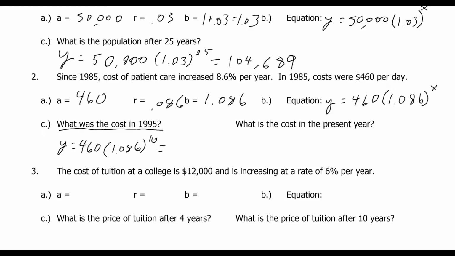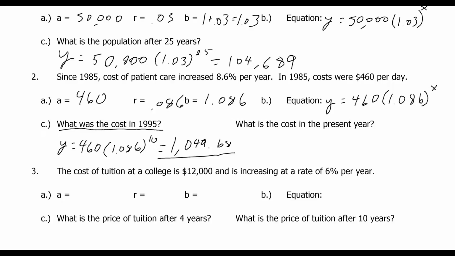And when we do that, it's 1,049.68. So, in 1995, it would cost you $1,049 to spend the day in a hospital, basically.